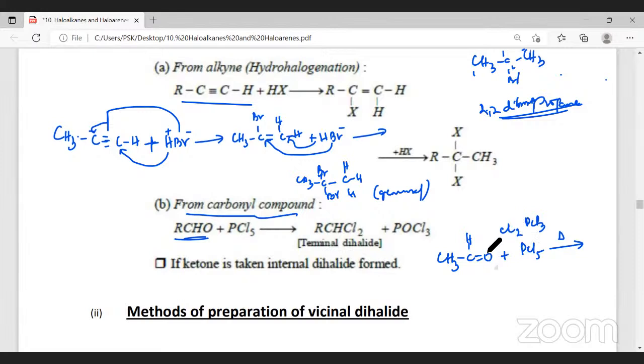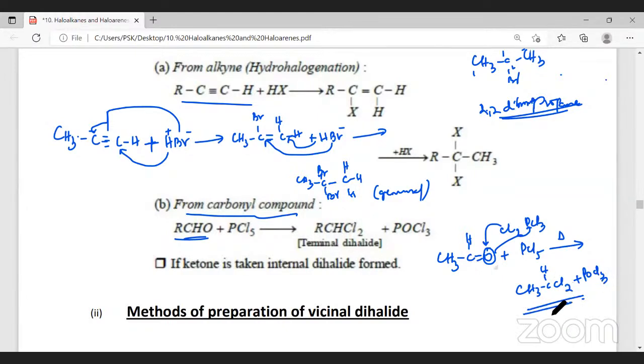So what happens is, in the place of O, Cl2 comes, and this oxygen reacts with PCl3. Therefore, what do I have now? CH3, CHCl2, and you will have POCl3, phosphoryl chloride.